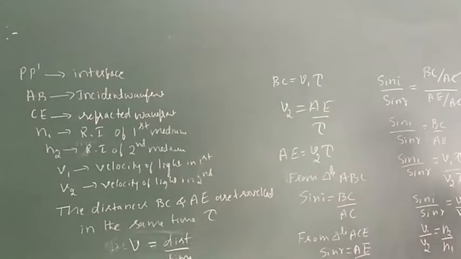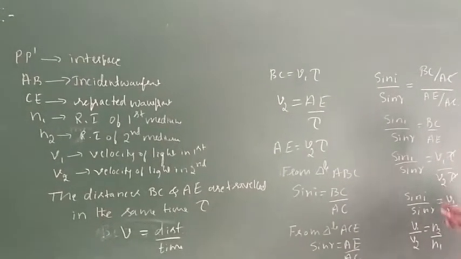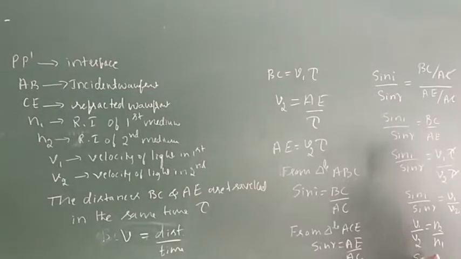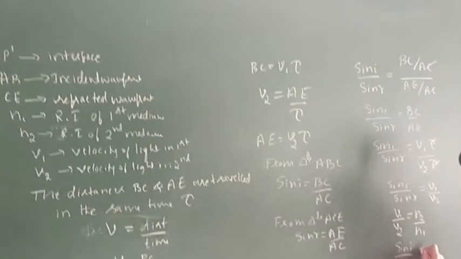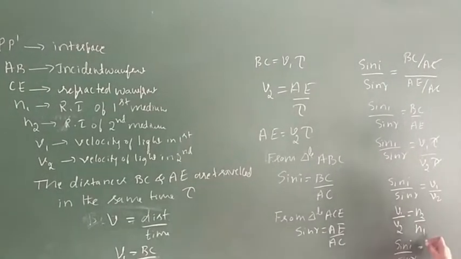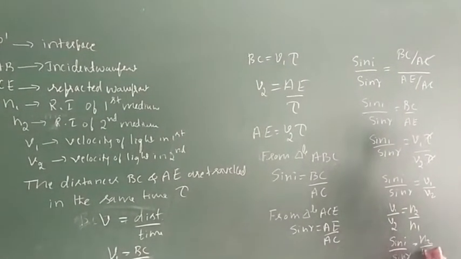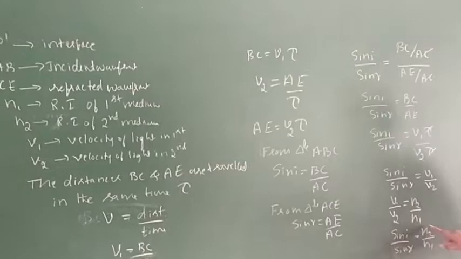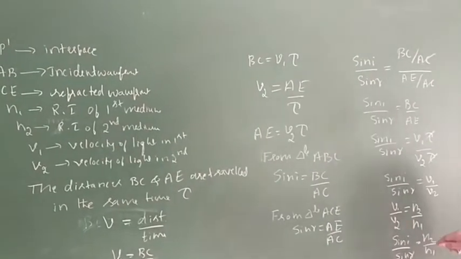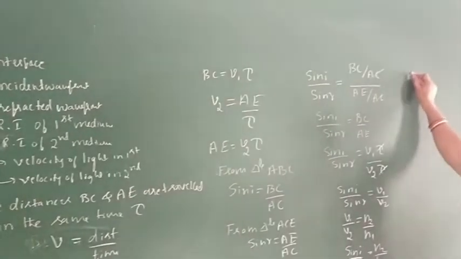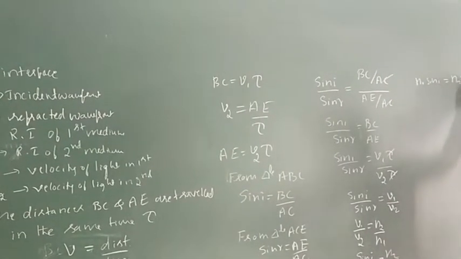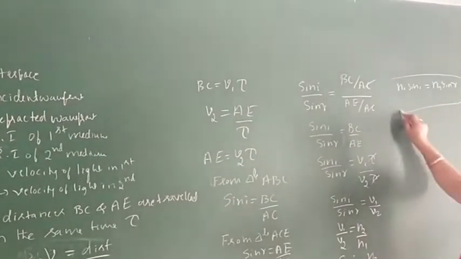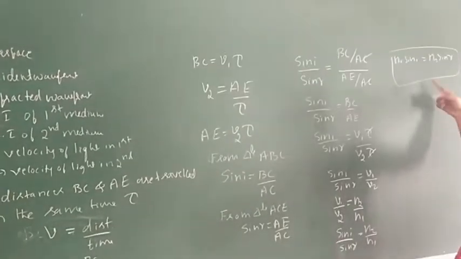So this equation becomes sin I by sin R is equal to V1 by V2, which can be written as N2 by N1. So this can be written as N1 sin I is equal to N2 sin R. This is Snell's law.